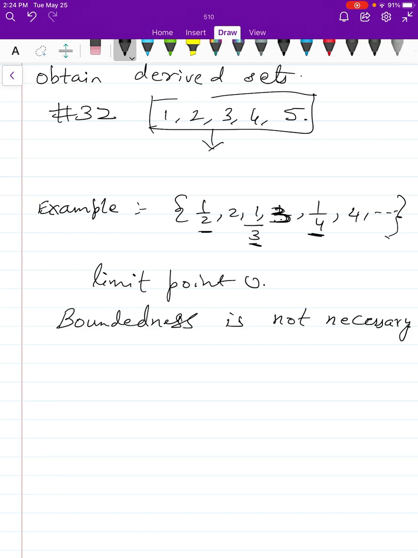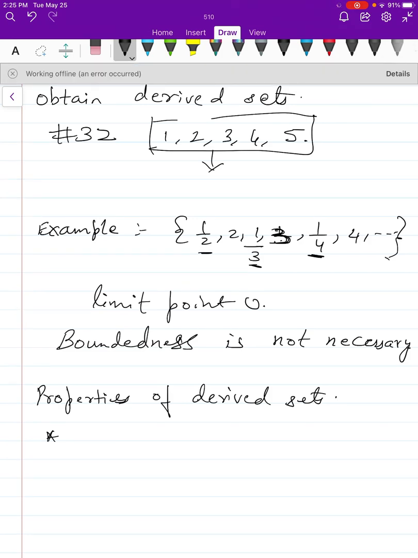Then there are some properties of the closure of a set, properties of derived sets. First one: L of S union T is equal to L of S union L of T. You can try to prove this.